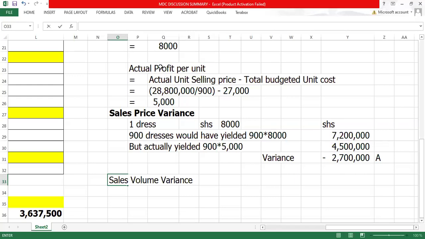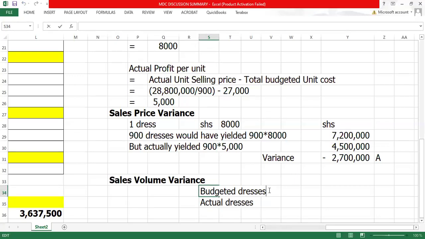And here, the simple logic is to compare the budgeted dresses to be sold with the actual dresses sold.